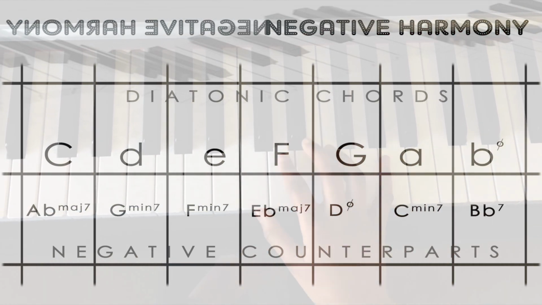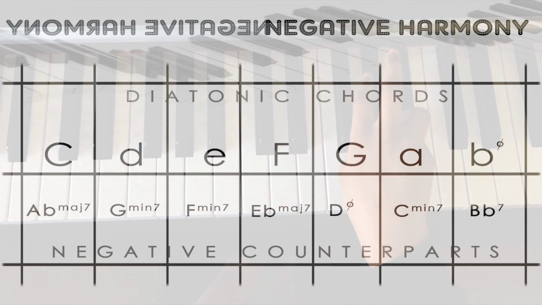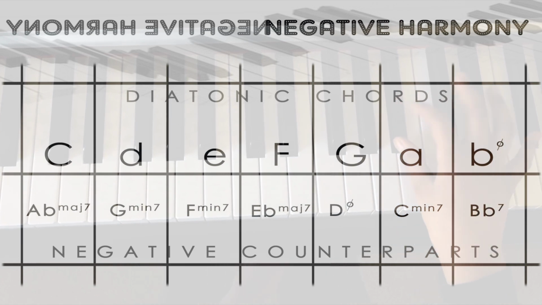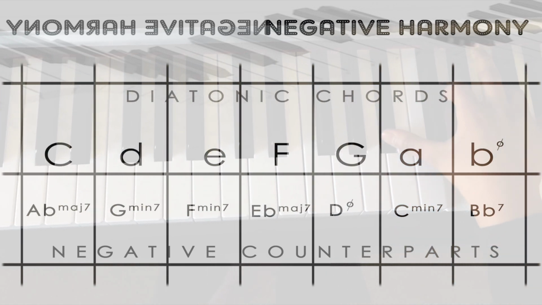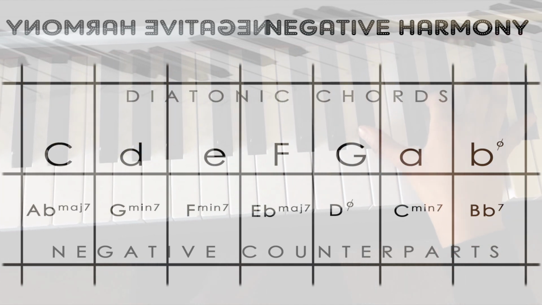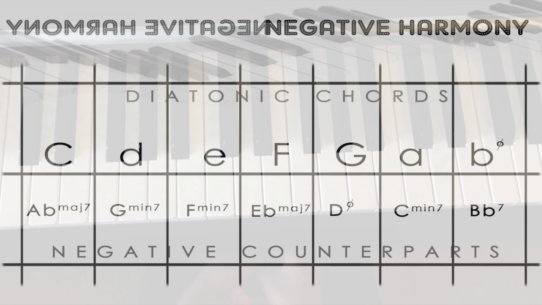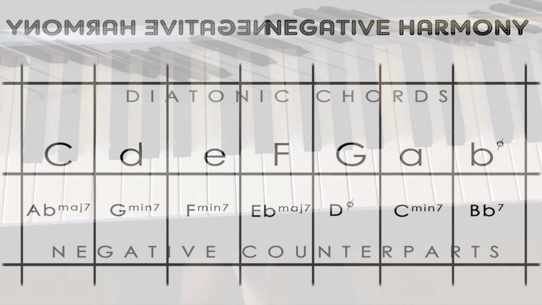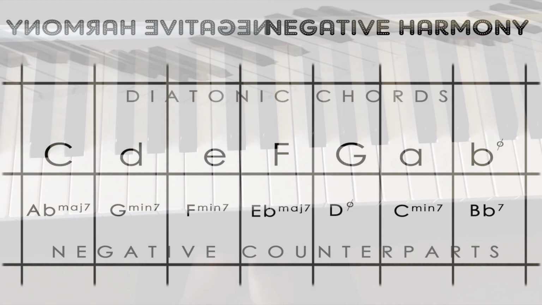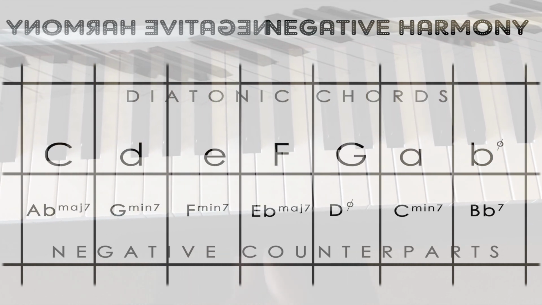So the flat 7th of C major is the B flat, and you construct a dominant 7th chord on top of that. So that would be your B flat 7 chord. So those are just the basic Roman numeral references for negative harmony and its overtone or melody, whatever you want to call it.